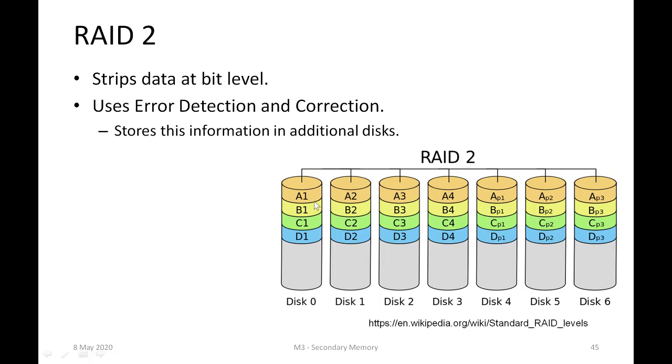Here, for example, A1, A2, A3, A4 are our data blocks, and AP1, AP2, AP3 are the corresponding codes which will help us to detect any errors and correct if there is any error. It's slightly better with memory usage when compared to RAID 1, but still the overhead is high. So just like RAID 1, it's no longer in use.